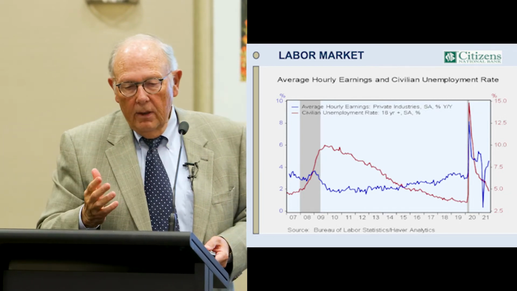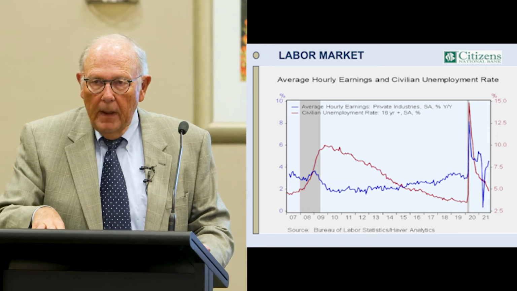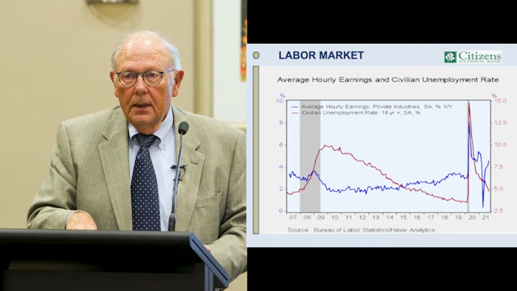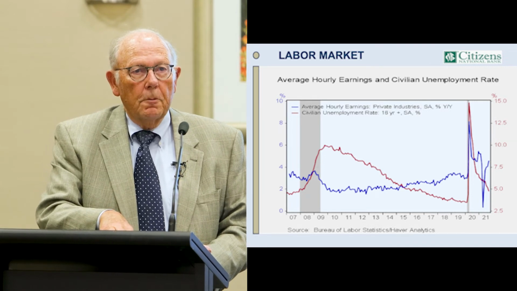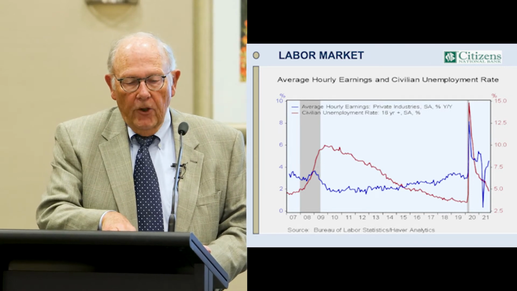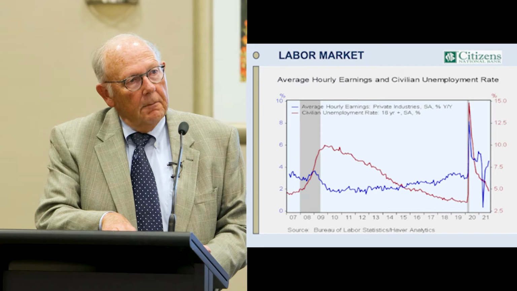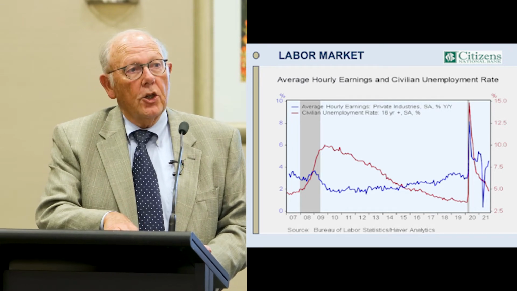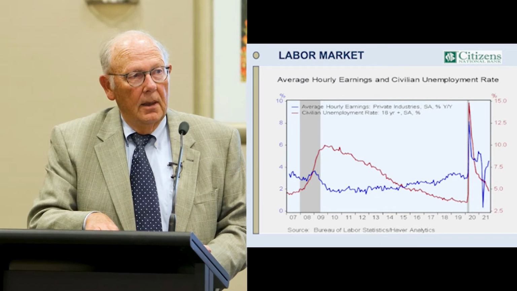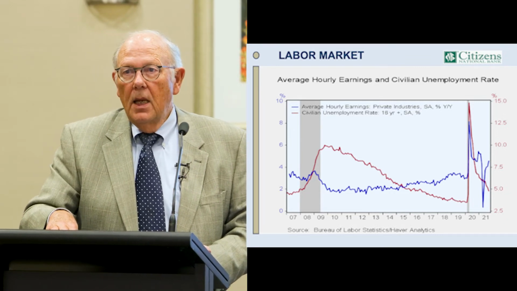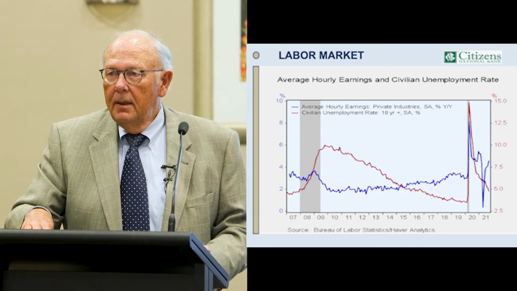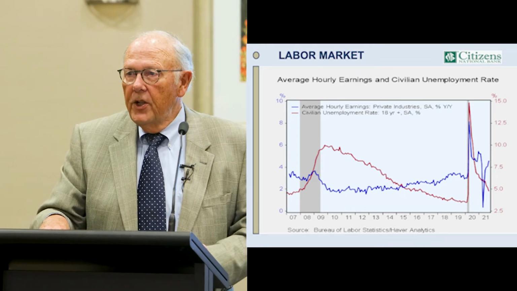The Federal Reserve is charged by Congress by law to conduct monetary policy with two specific mandates. The first mandate is to conduct monetary policy so as to promote full employment. And the second mandate is to conduct monetary policy to maintain price stability, which means control inflation.